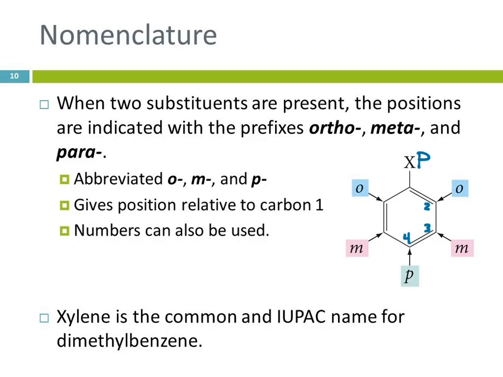And here's another common name, xylene. Xylene is the common and the IUPAC name for dimethylbenzene. So dimethylbenzene is going to have 2 methyl groups. So if we put them across from each other like that, which of these prefixes would we use?